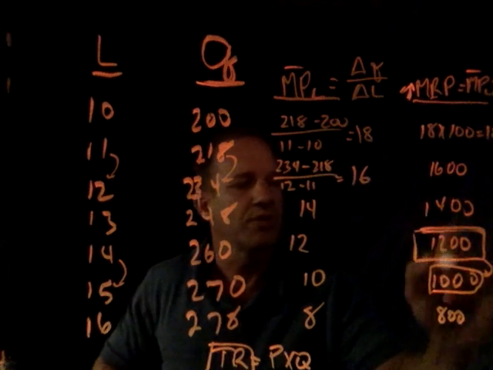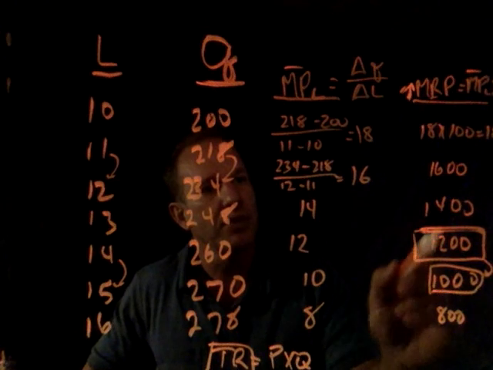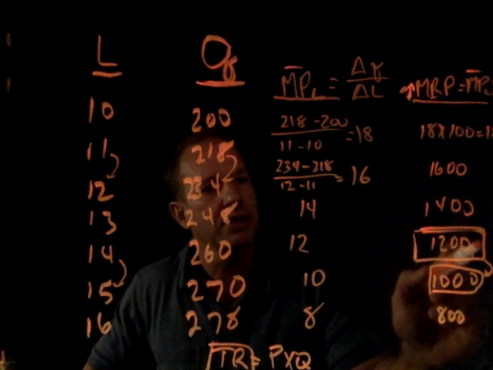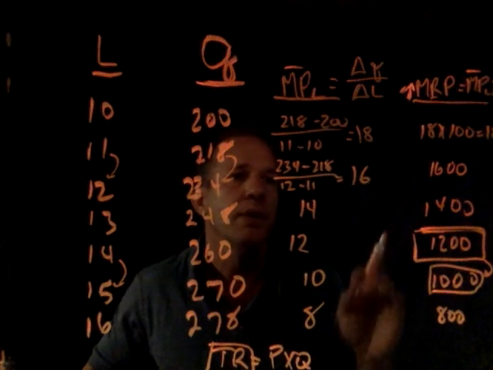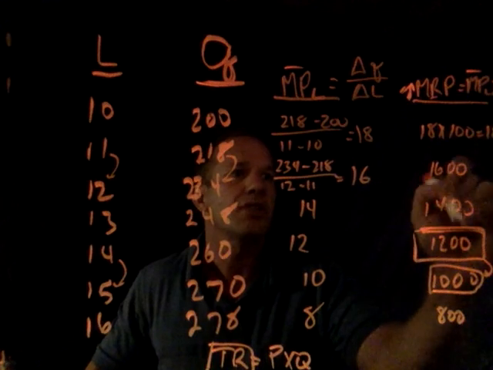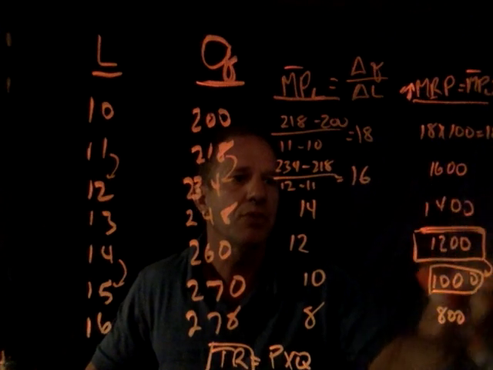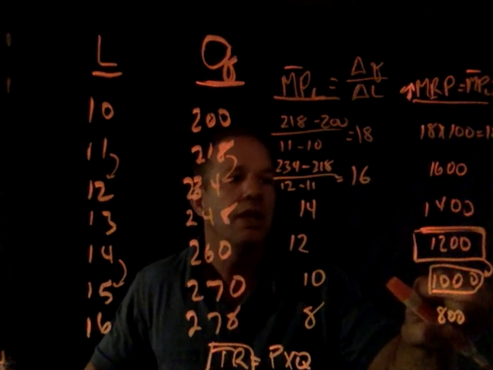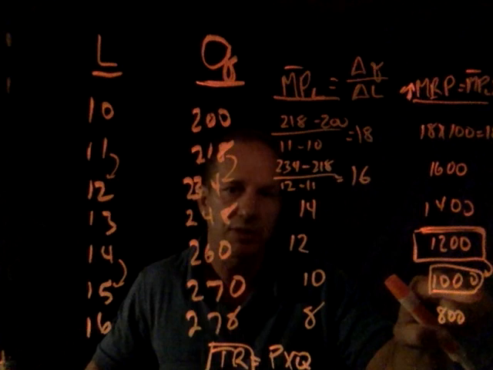Showing it here, it seems reverse, but that's just because of the way the numbers fall out here. Let me put it this way. If the price went up such that everything became $200 more in marginal revenue product, then they would be able to hire the 15th worker, because this would be $1,200.